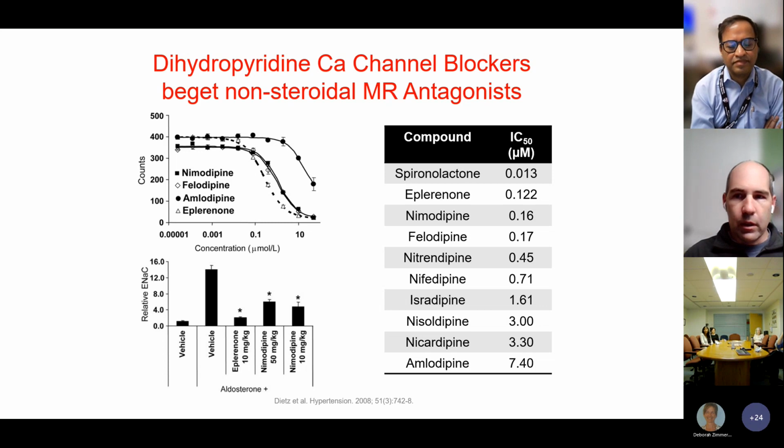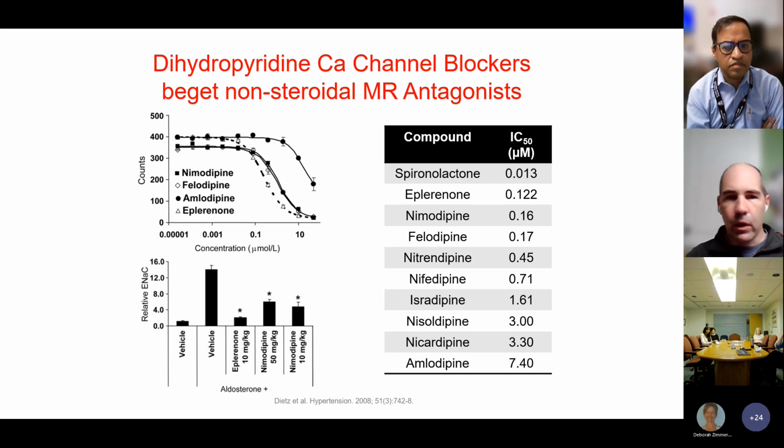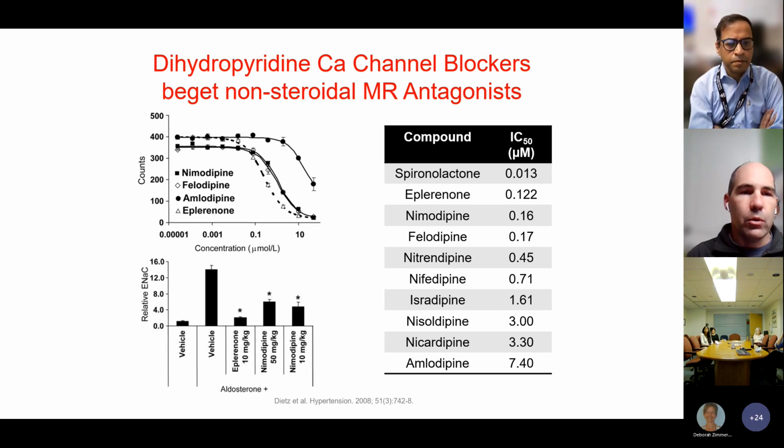So I looked in the patent review and some of the early literature on this, and it's really a fascinating field about how these MR antagonists were discovered. It was discovered in a high throughput screen where they were looking for any compound besides what we had already. And they identified some targets, and some of the top targets were calcium channel blockers. So amlodipine being one of them, amlodipine, nimodipine, felodipine.